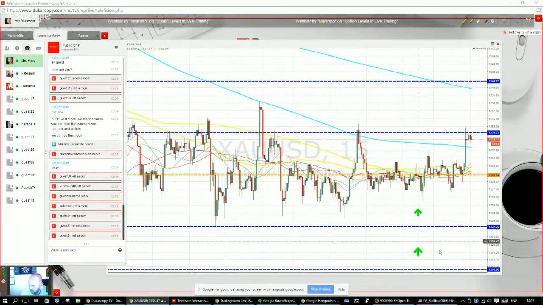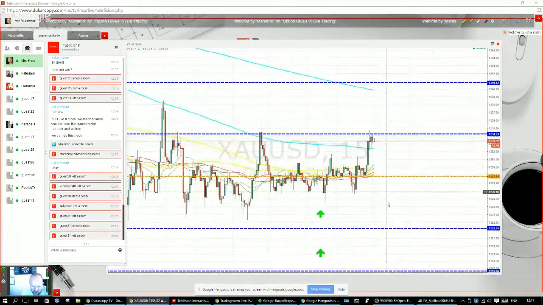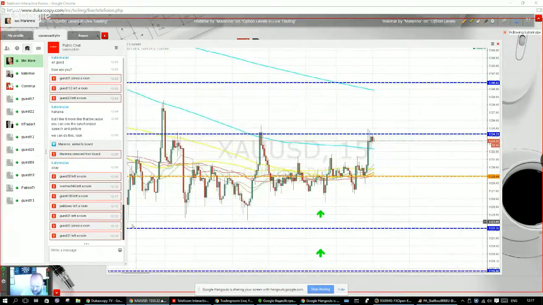What I'm going to do now is wait for this price to go down towards this level here, 1325, somewhere around here, and I will try to buy it around this area, 1322, something like this, 1325.